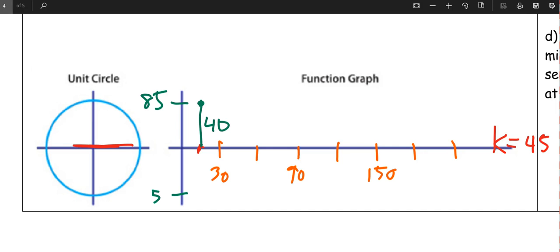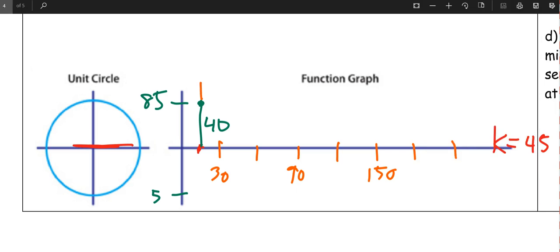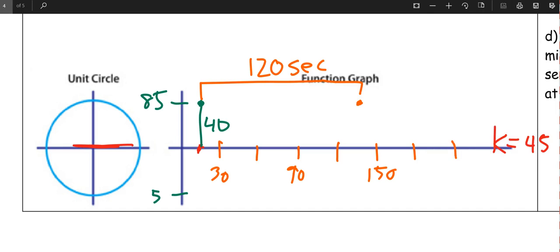So if I move to the right, according to what you just said, 120 seconds, where would I land? 135, okay? So 135 is going to be about right there. In between those two dots, what's happening? You're completing an entire cycle, aren't you?